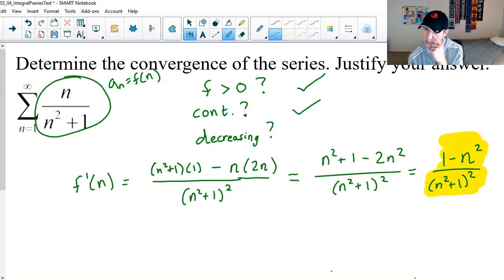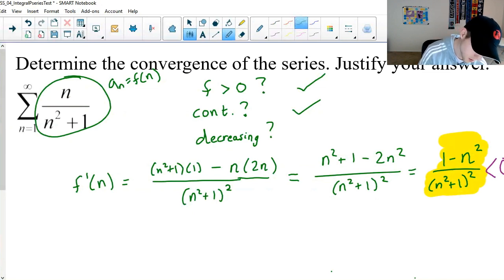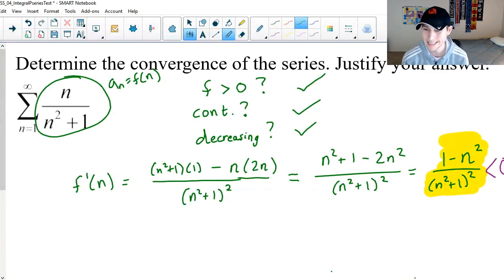So if the numerator is negative and the denominator's positive, yes, that derivative is negative. It's less than 0. So yes, this function is decreasing.